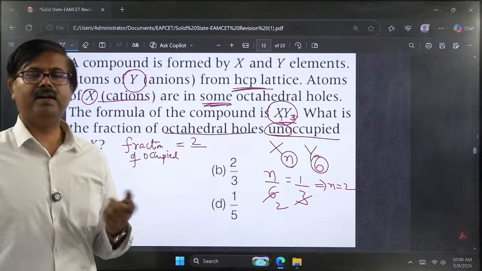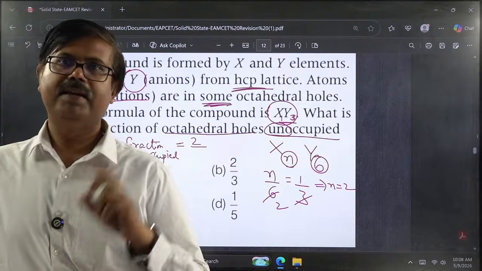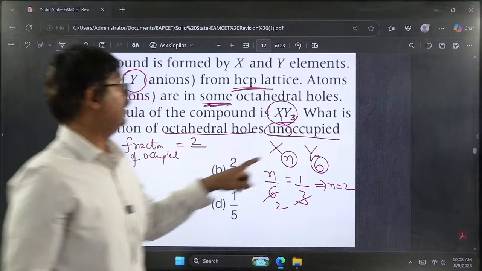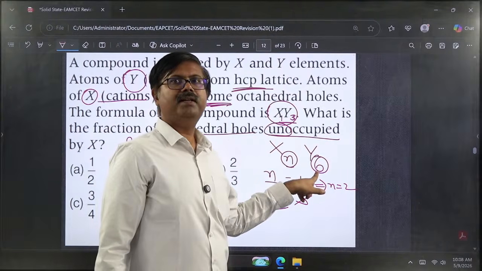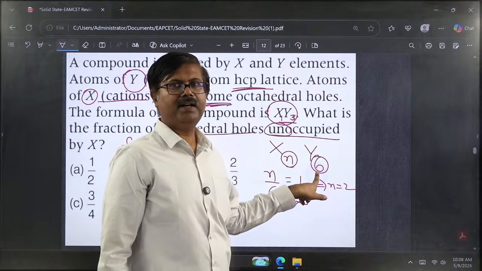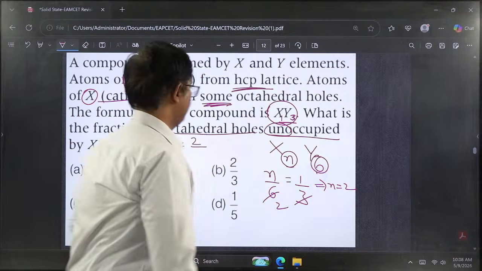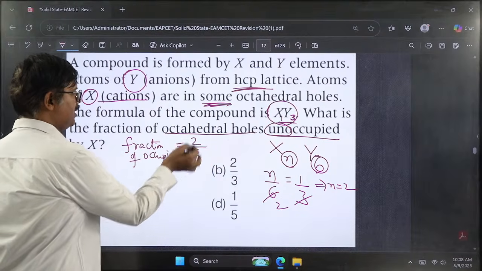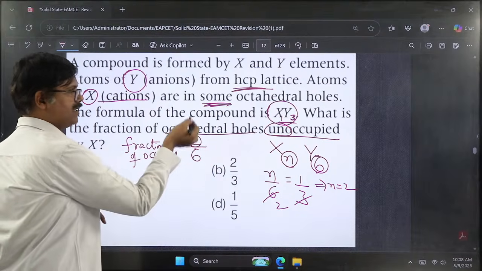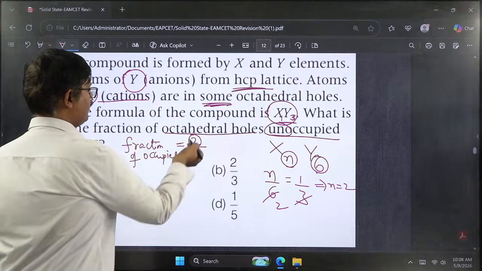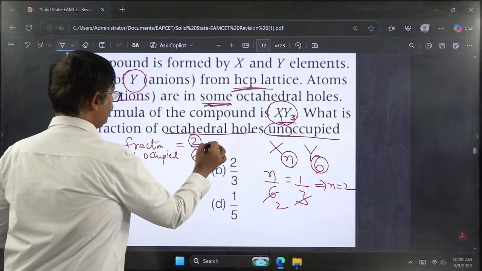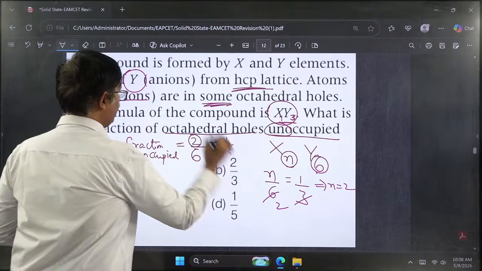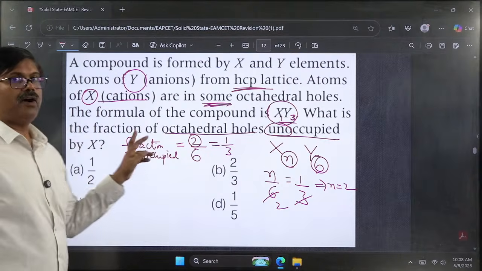How many total octahedral holes will be there? Same as number of atoms. So if 6 atoms are there per unit cell, octahedral will be 6, tetrahedral will be 12. Out of that 6 octahedral, only 2 are presently occupied. That's why 2 are present in this formula. So therefore 1 by 3. This is the fraction occupied.